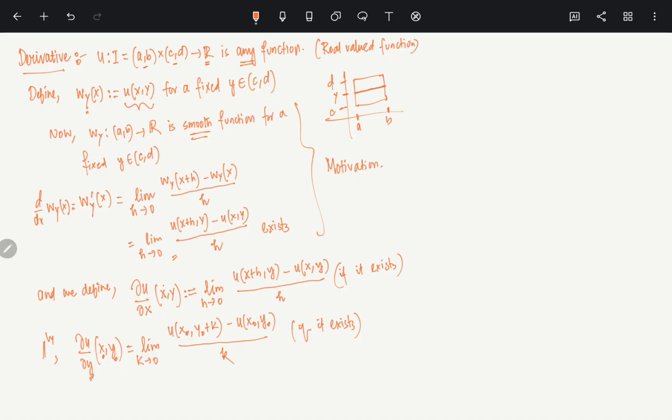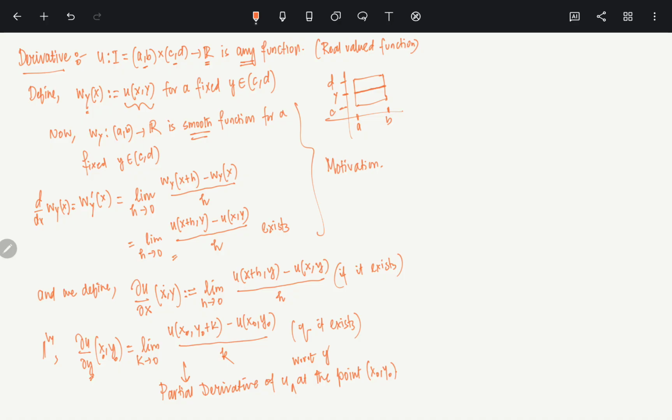a partial derivative of u at the point x naught, y naught, or a partial derivative of u with respect to y at the point x naught, y naught.